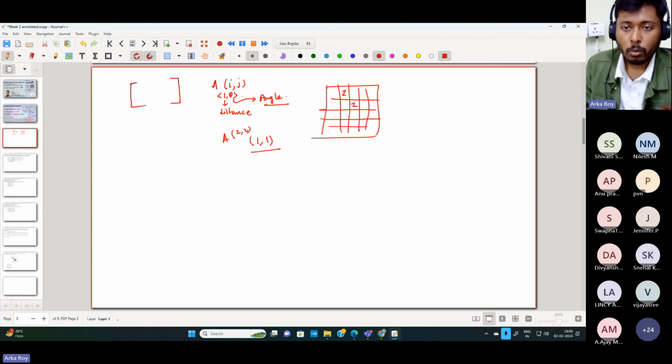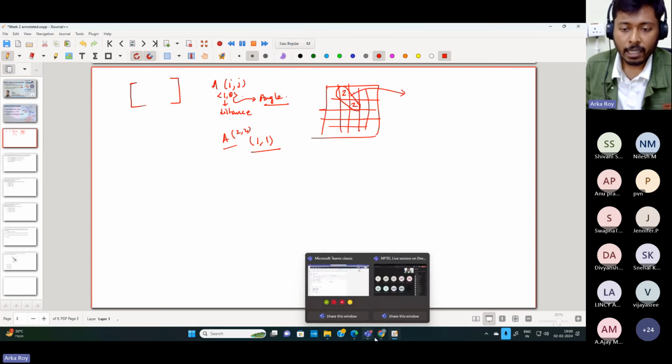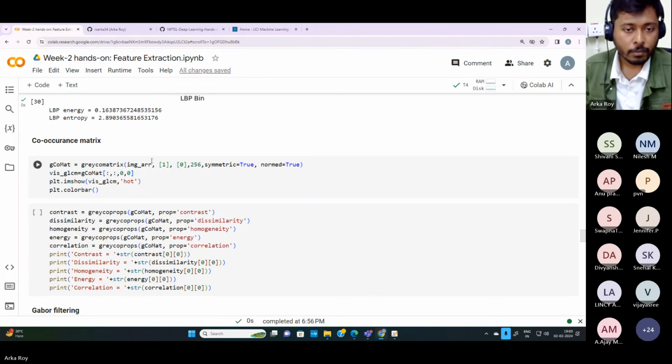That means you go one right and then one down and then you find the 2 by 2 pair is happening. We have solved that problem in the last class. If you recall, from here you can get the co-occurrence matrix. So this is the same parameter, that means this L and theta. We have written L and theta over here.